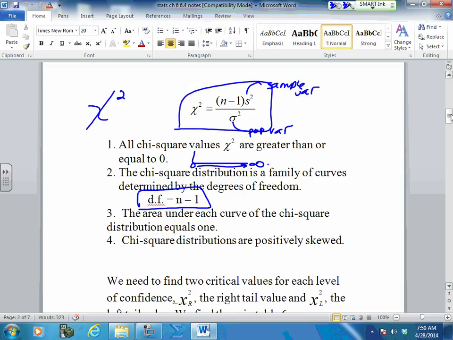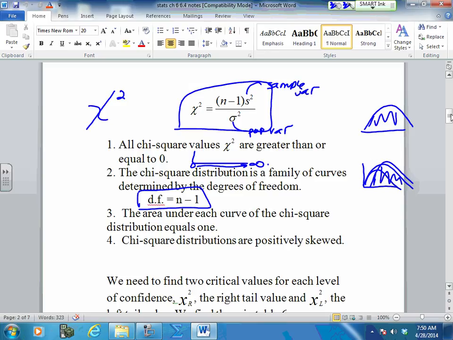The area under the curve of each chi-square distribution, no matter where it is, no matter what size it is, is equal to 1. That is the same as your z-score. Remember your z-score? The whole area was equal to 1. Well, your chi-squares, no matter what they look like, they're all equal to 1. And they're positively skewed.